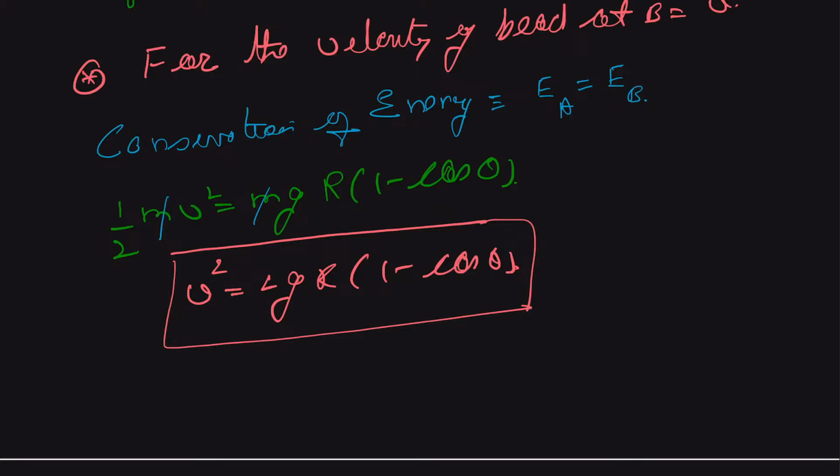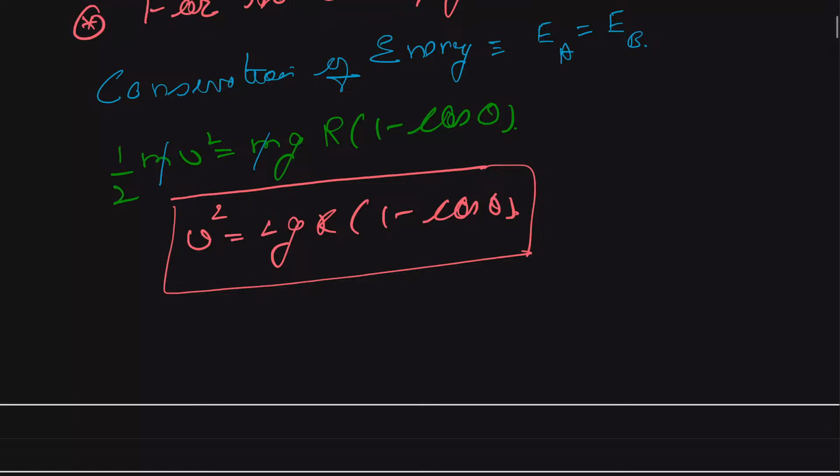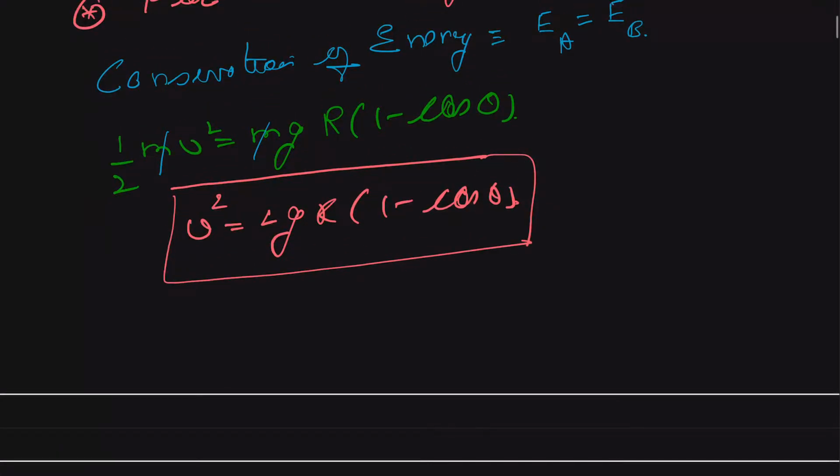Now we come to the acceleration part, and we are only interested in the acceleration at point B. So let us draw once again the approximate figure. This is point A, this is the center C, and this is point B. At B, obviously, the acceleration due to gravity is in the downward direction.